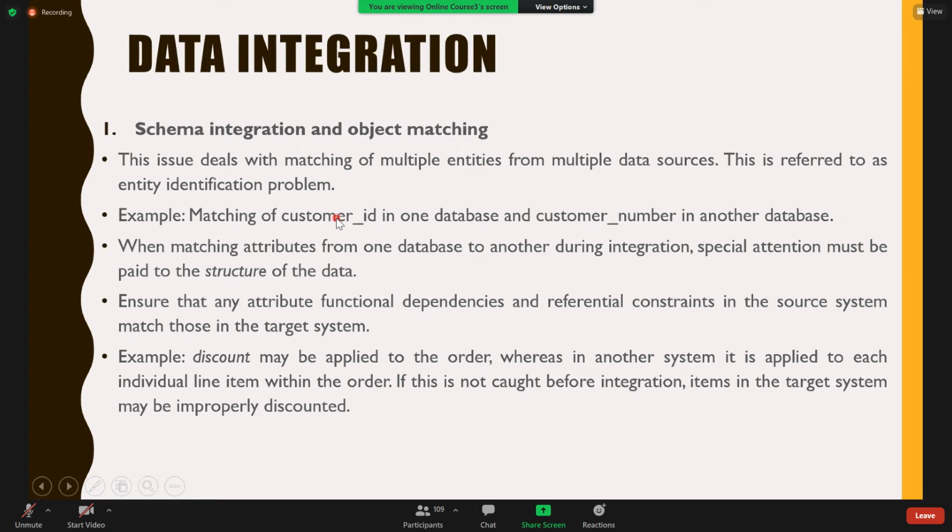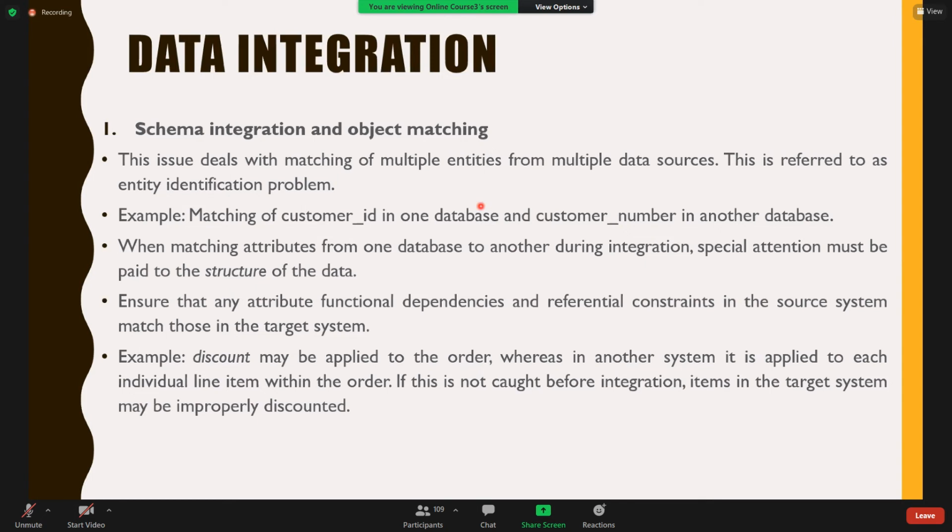Okay. So these two represent the same, that is the customer identification, but the usage of these attribute names is different. So how can we match this?